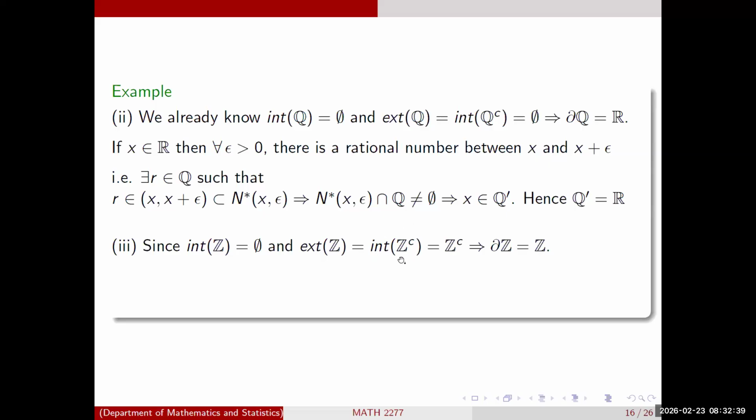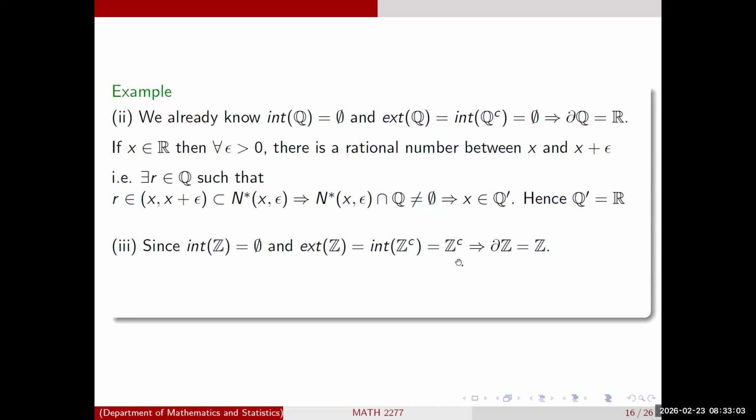That's why the interior of Z complement is Z complement. So the interior is empty, the exterior is Z complement, so whatever is left over must be the boundary. So what is the empty set union Z complement? Well, that's just Z complement.